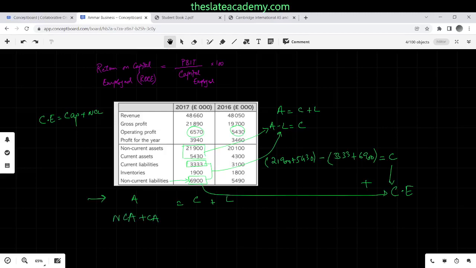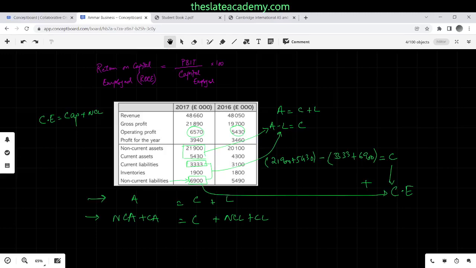Would it be the same? Yes. Instead of capital, I just write capital, and instead of liabilities, I again bifurcate into non-current and current liabilities. Are these two lines the same, or is there any difference between these two lines? There is no difference.